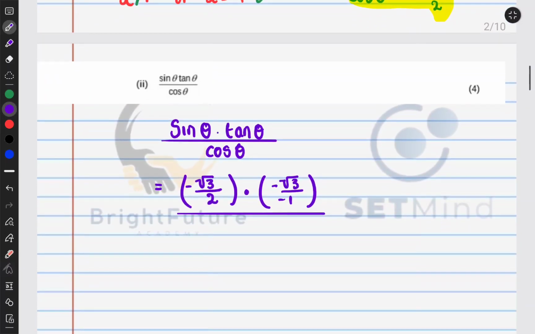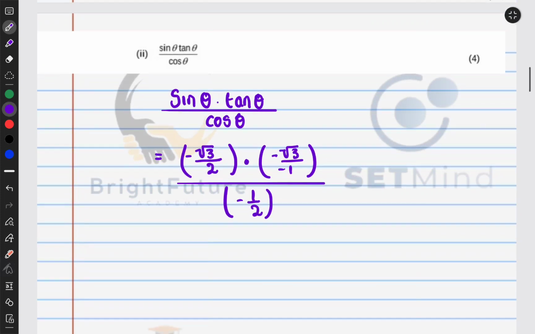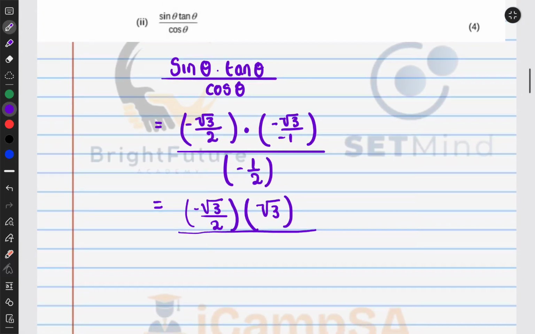What is cos theta? It's negative 1 over 2, a negative half. So negative root 3 over 2 multiplied by negative root 3 over negative 1, which is just a positive root 3, all of this divided by negative 1 over 2.